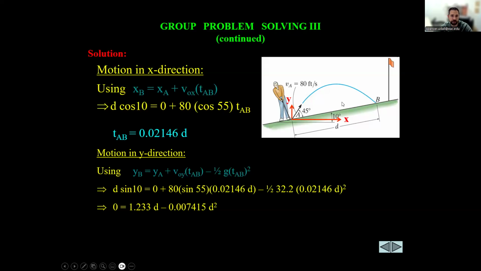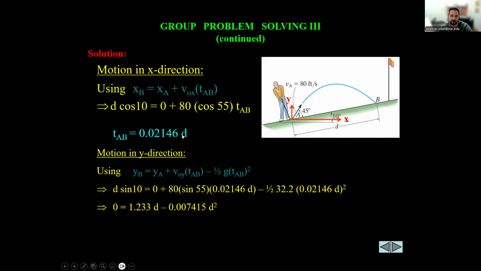And our initial launch we said was 80 feet per second times the sine of 55 this time for the vertical component times t. So what I've done here is I'm already plugging in this from our x equation in for t. You could do it one way or the other, but it's going to be a lot easier to solve this x equation for t in terms of d and plug that in for t rather than the other way around.